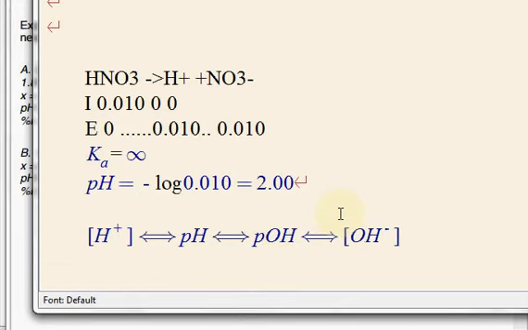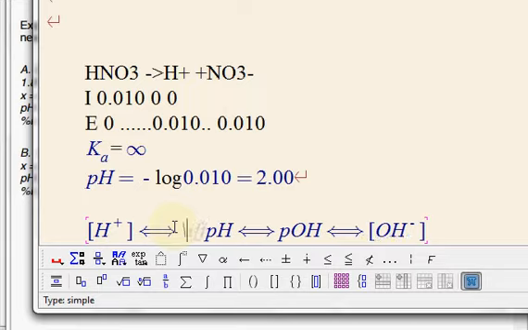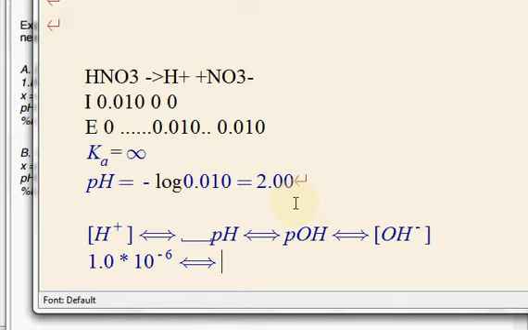My little reminder is this, just as an example. This is not universally true, but an example would be H+ is 1.0 times 10 to the power of negative 6. The pH is going to be 6 because of that exponent, and that only works because this is 1, by the way.